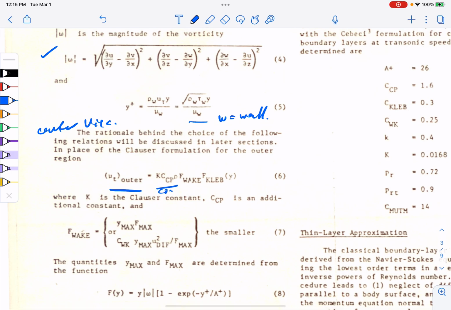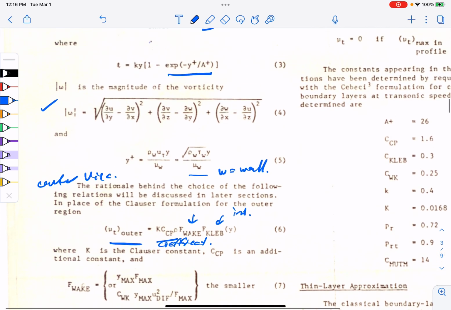This is a coefficient. Since it's two coefficients multiplied by each other, you could just reduce that to one coefficient. This is your wake function, which you can use if you're determining a wake flow. And then this is, again, your intermittency factor. So just like before, this is all just small modifications of the Cebeci-Smith model.